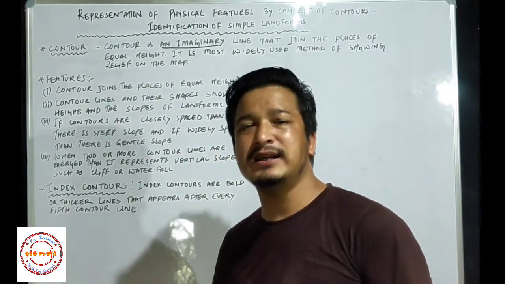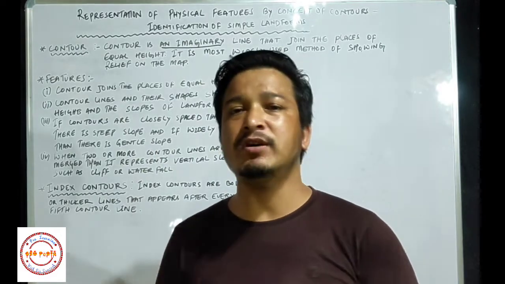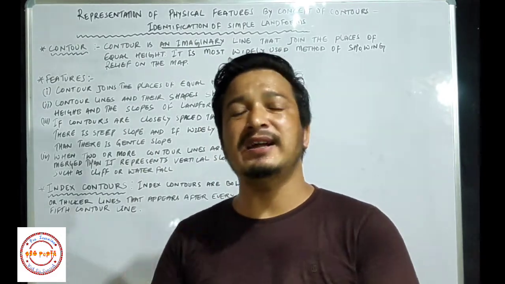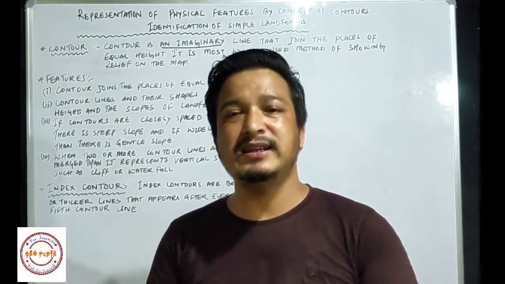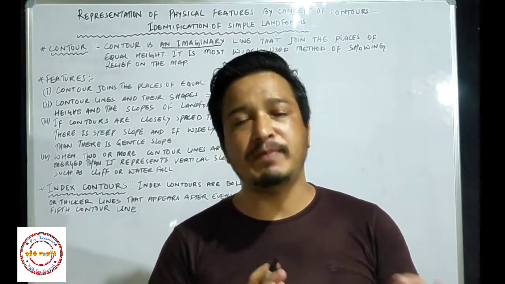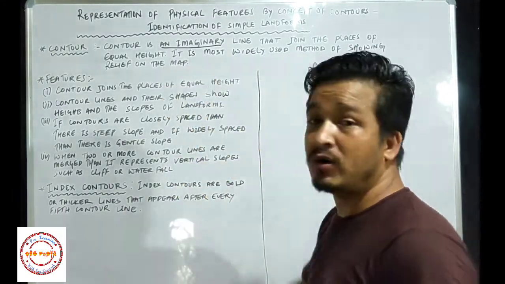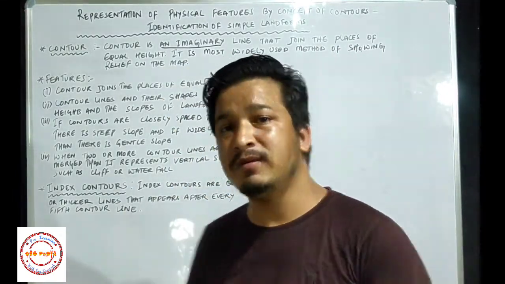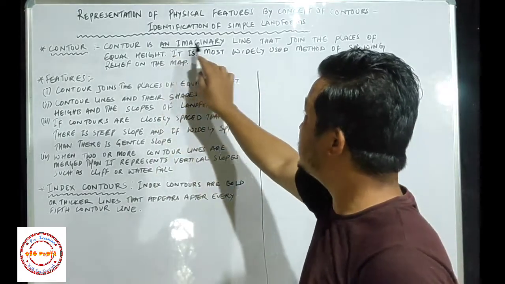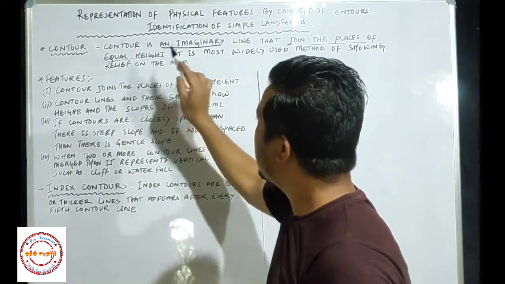Remember, it is an imaginary line. What is the meaning of imaginary line? Imaginary lines are not real. These lines are imagined by human beings. It is not there on the earth's surface, but we have imagined it, that's why it is an imaginary line that joins the places of equal height.